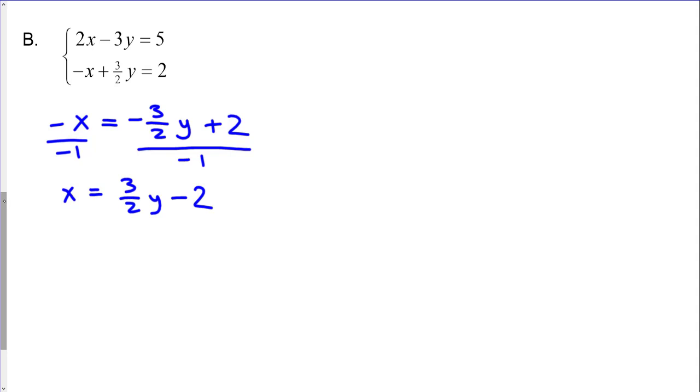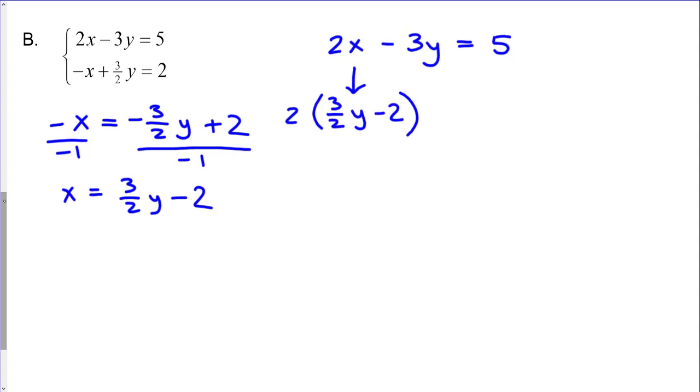Now I'm going to use this to substitute into the other equation. So the other equation is 2x minus 3y equals 5. My x is going to transform into 3/2 y minus 2, and nothing else gets affected at this point.